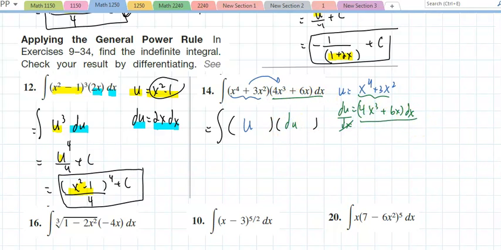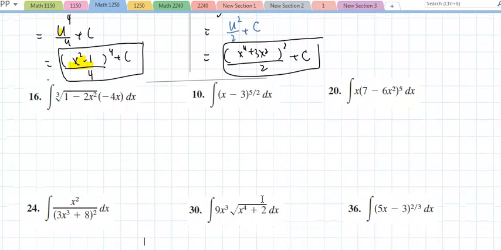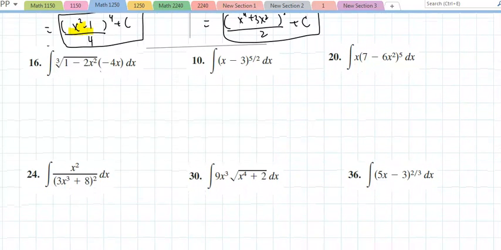That's simply du. And doesn't that make the problem u squared over 2? Add 1 to the power, divide by that, plus c. And we don't forget that we need to substitute u back in. What was u? u initially was x to the 4th plus 3x squared. And this is undoing the chain rule, one type of it. But that's all we're going to focus on.